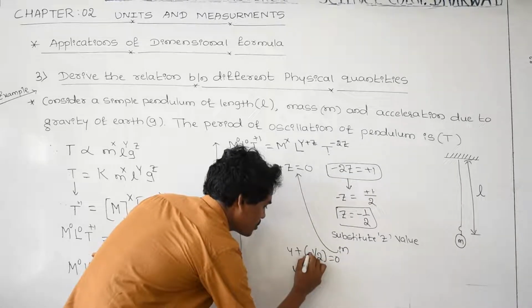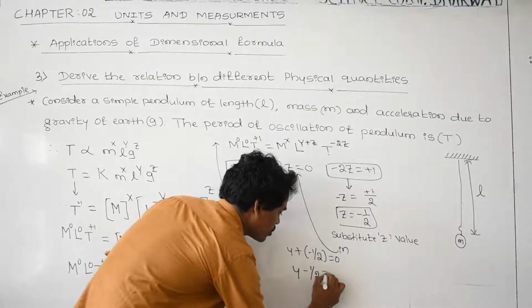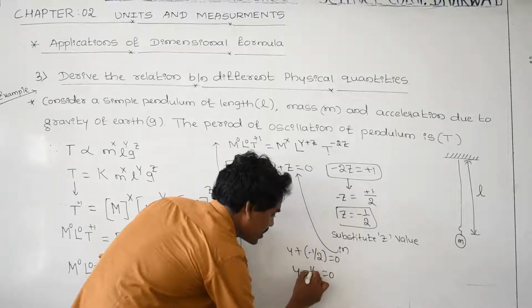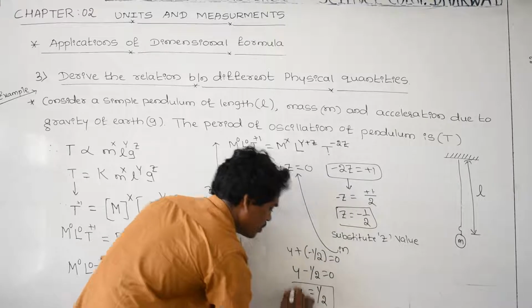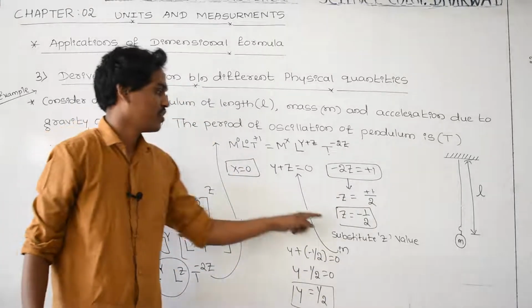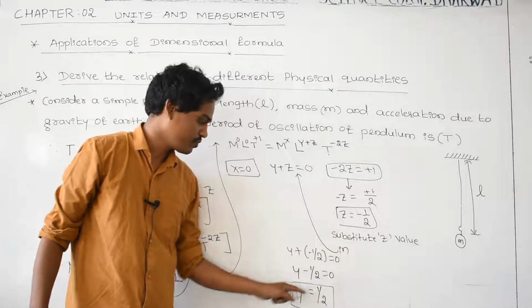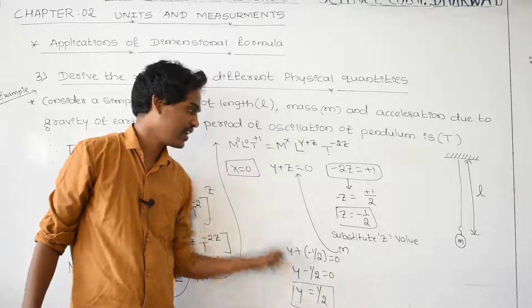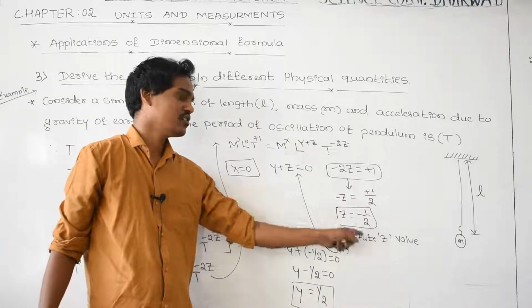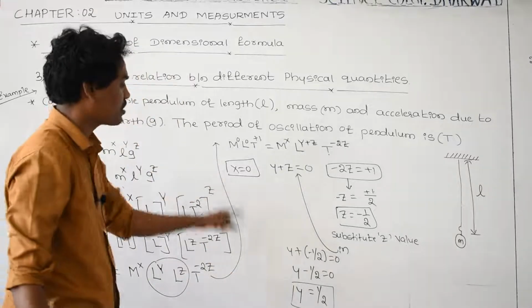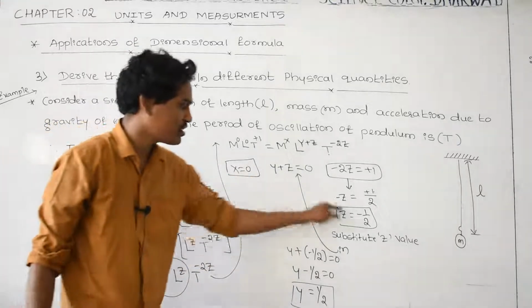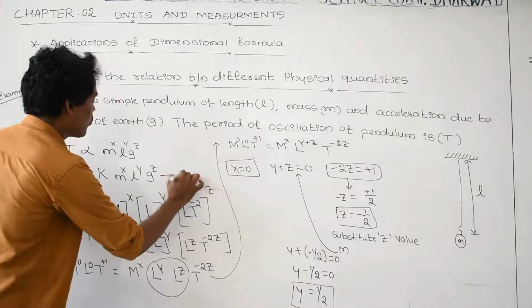Y plus minus 1 by 2 is equal to 0. Then y is equal to, send this one that side, minus becomes plus, this is 1 by 2. X is equal to 0, z is equal to minus 1 by 2, y is equal to 1 by 2. You are getting x value, y value, z value. And next what you need to do, you substitute x value, y value, z value in the equation number 1.